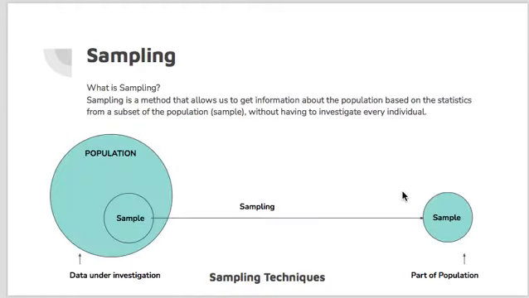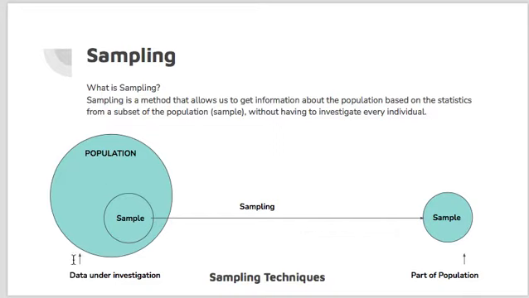Let me start by formally defining what is sampling. Sampling is a method that allows us to get information about the population based on the statistics from a subset of the population, which is the sample, without having to investigate every individual.